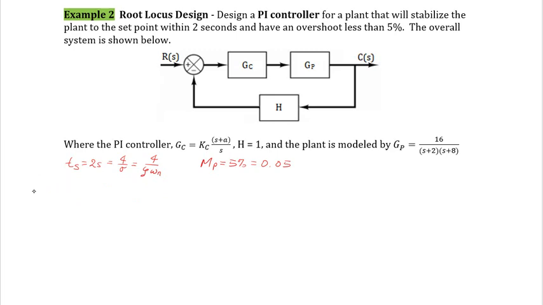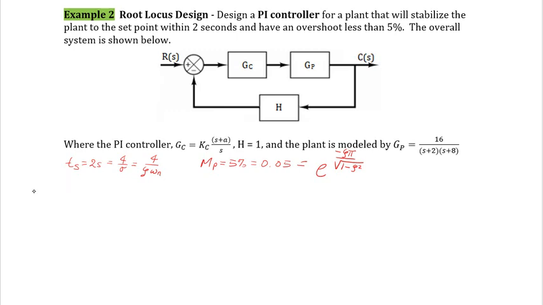So the first thing we do is we note that M sub p is equal to e to the minus zeta pi over the square root of 1 minus zeta squared.